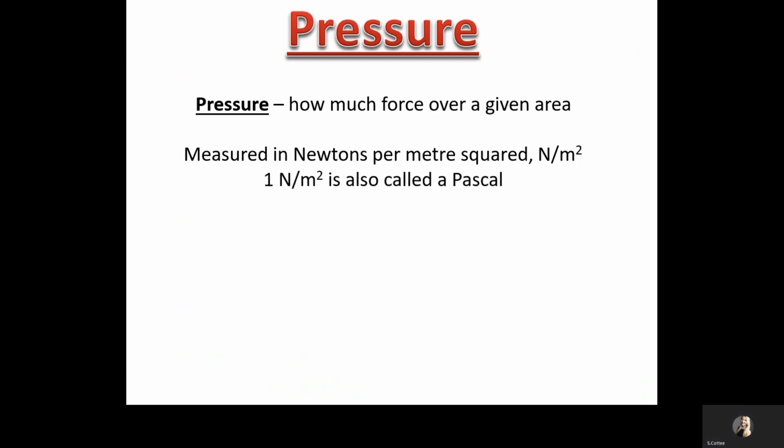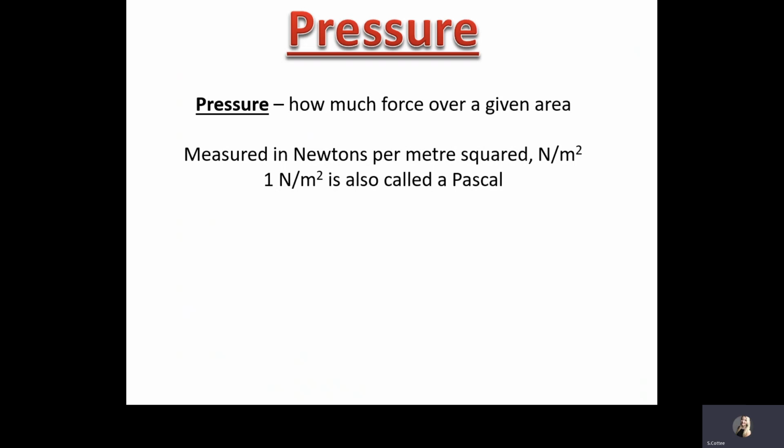That newtons per meter squared, for our unit, is also called pascals. You may also know some other units of pressure. For example, if you ride a bike, you might know that on the side of the tyre, it tells you what pressure your tyre should be blown up to, and sometimes it says on there PSI. That stands for pounds per square inch.